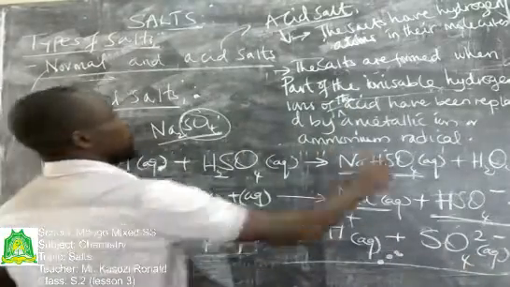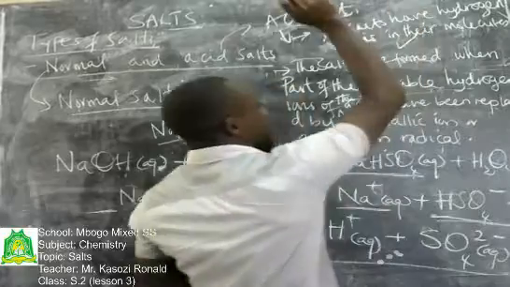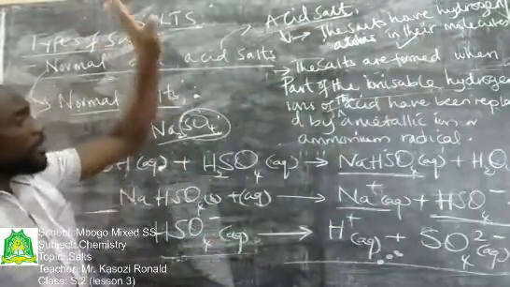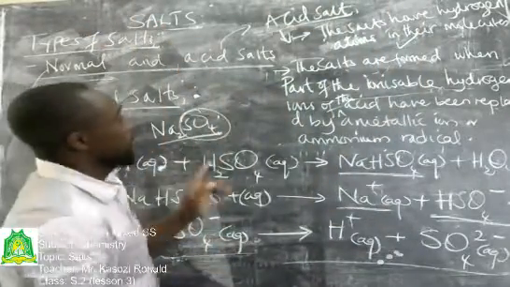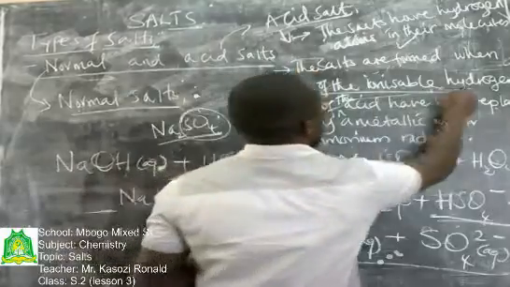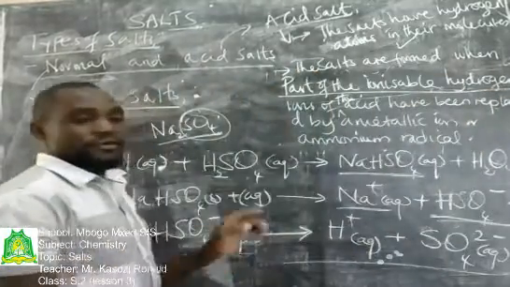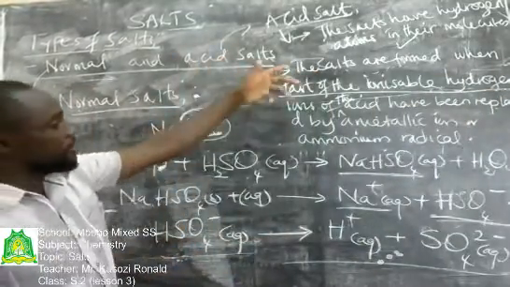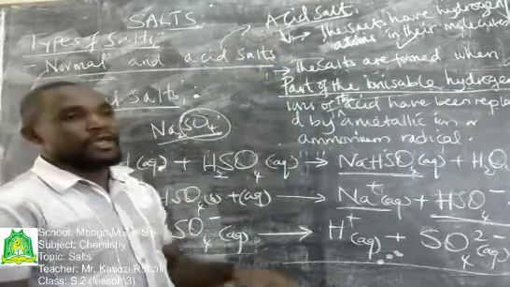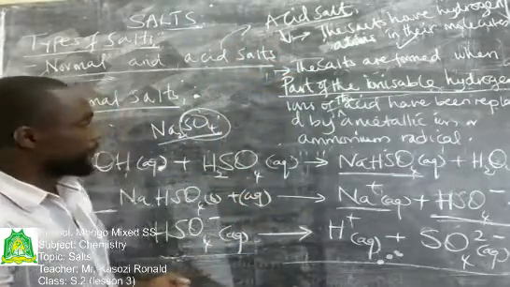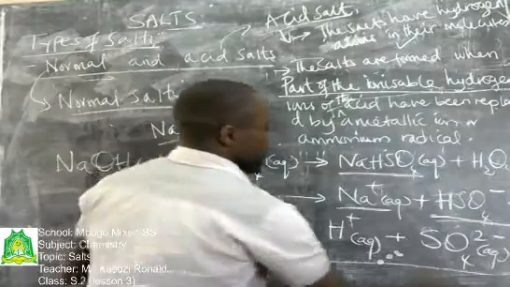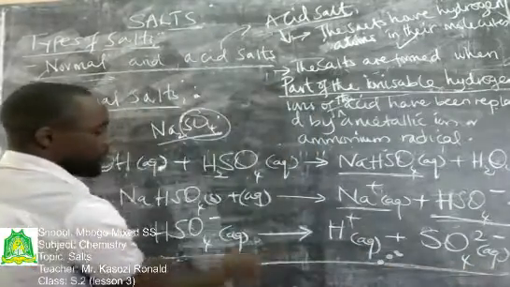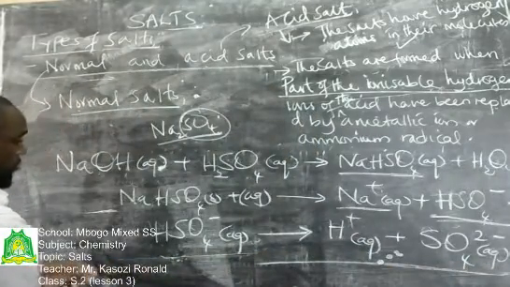First of all, they contain hydrogen atoms. Why do they contain hydrogen atoms? Because they are formed when part of the ionizable hydrogen ions of the acid are replaced by a metallic ion. Those are some examples of acid salts.